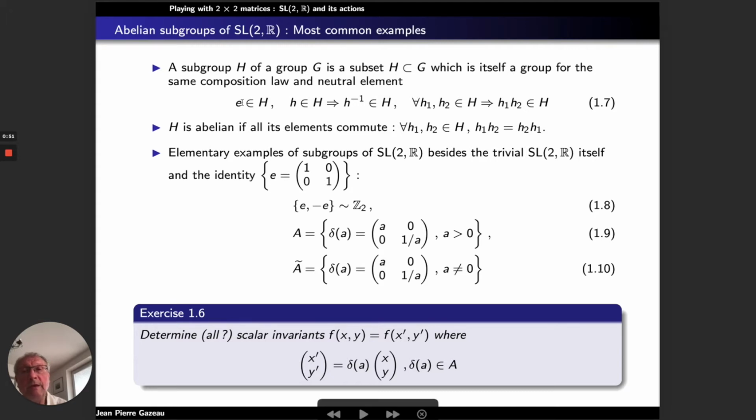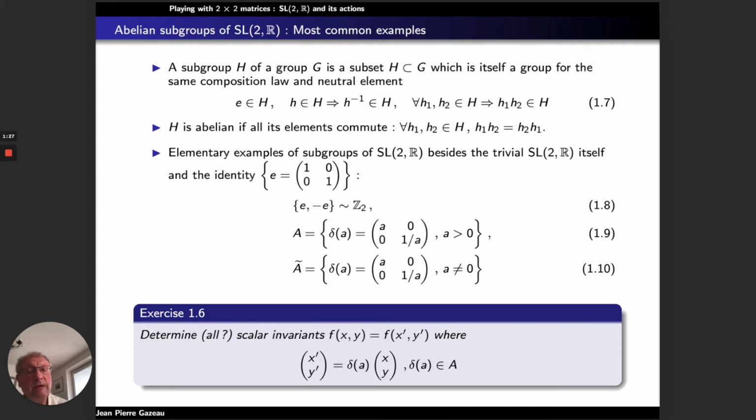That means a capital H contains E, and if h belongs to capital H, its inverse belongs also to capital H, and for any pair of elements of H, the product of those two elements belongs also to capital H. We say that capital H is abelian if all its elements commute.